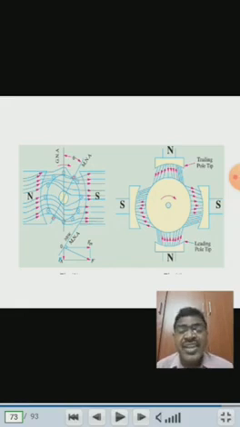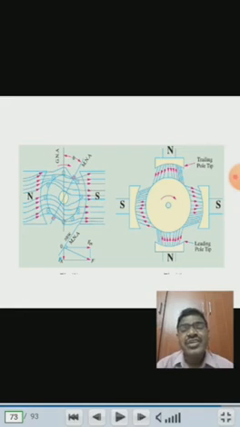If these two are acting simultaneously, let us see what action takes place in the DC generator. If you see the previous cases, the fluxes are not distorted, it is uniform, and it is symmetrical about its magnetic neutral axis. But in this case, it is not like that.